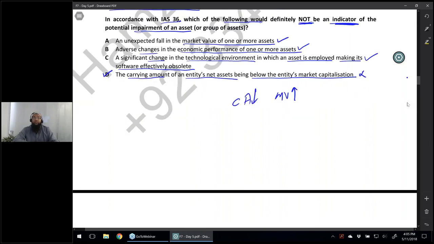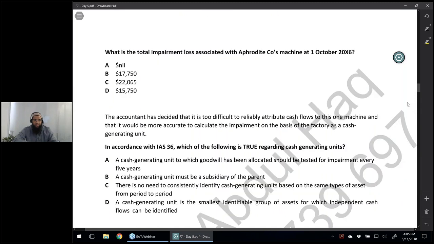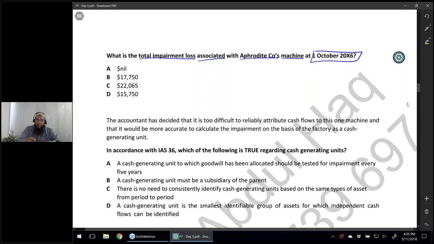Now let's move on to the next question, where the question says, what is the total impairment loss associated with a company's machine at 1st October 2026? So we need to calculate the impairment on October 2026. Let's go back to the scenario. And for that, we'll be needing to read the case further.